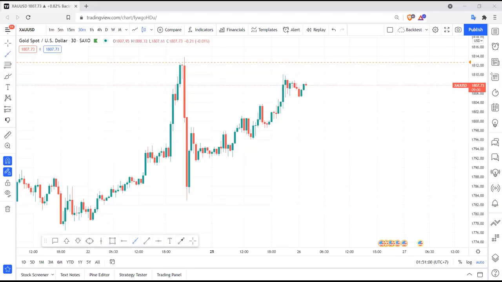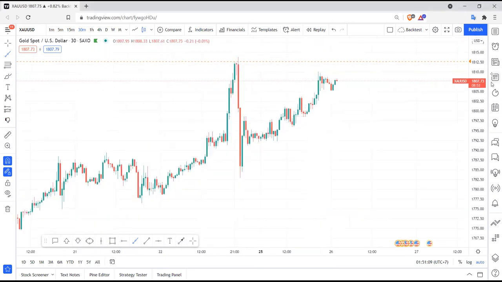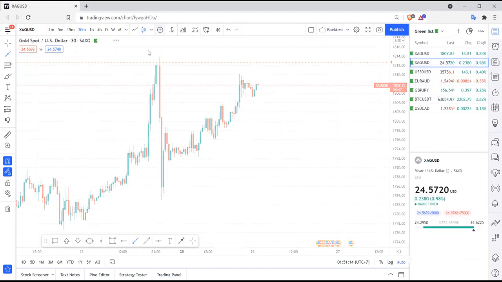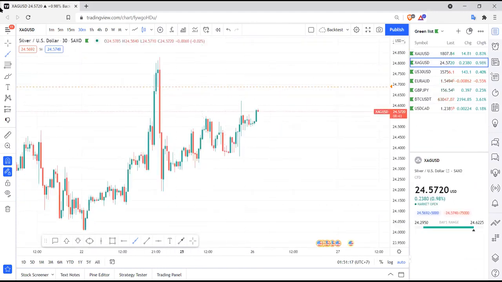Hello? Okay, it's done. Can you see my screen? Yes. Gold digger. I think silver. Silver, yeah. But I don't know if my mapping is good or not.